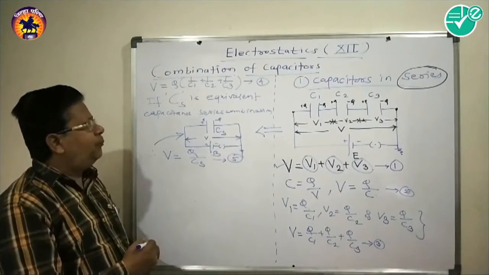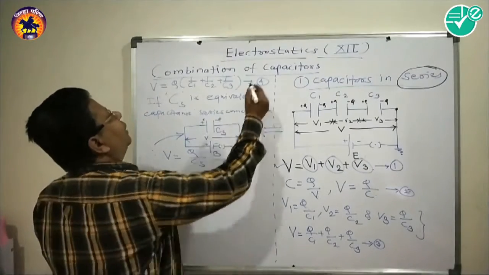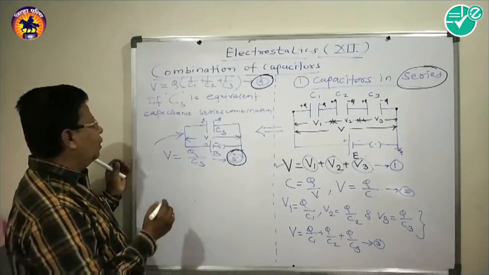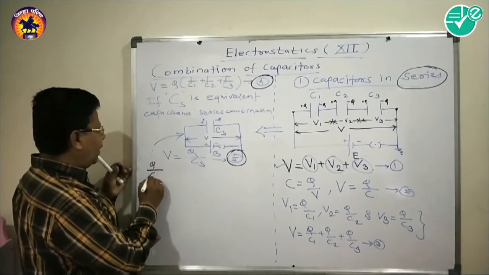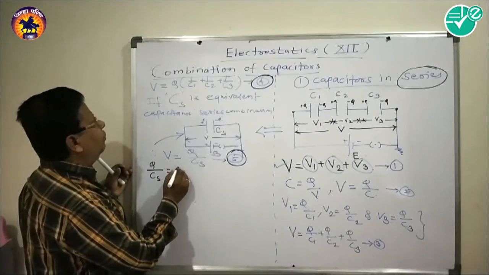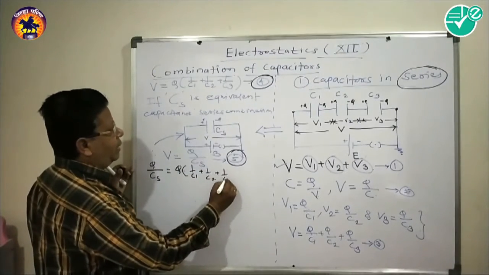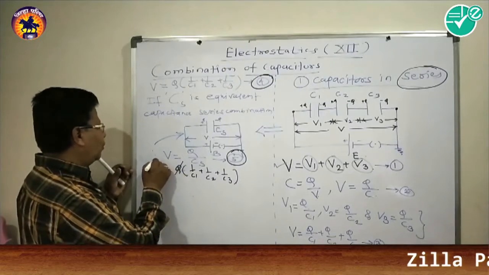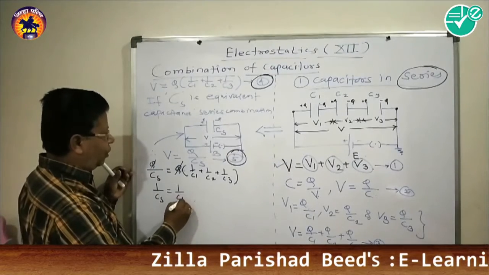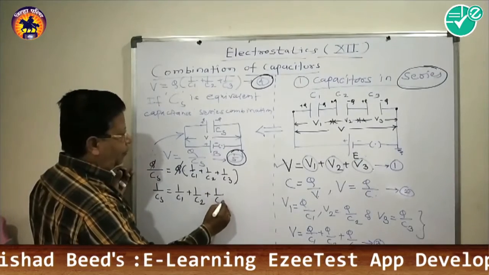And if we compare equation number 4 and equation number 5, we find that Q divided by Cs is equal to Q into bracket 1 by C1 plus 1 by C2 plus 1 by C3, and therefore we get 1 upon Cs is equal to 1 upon C1 plus 1 upon C2 plus 1 upon C3.